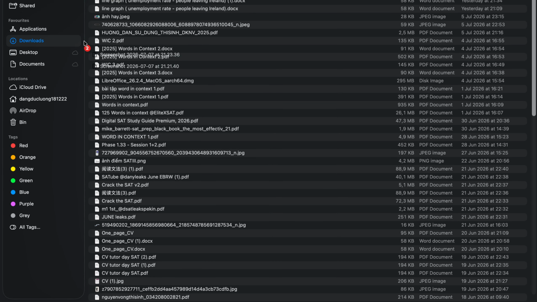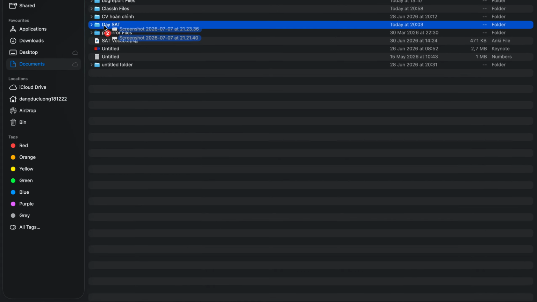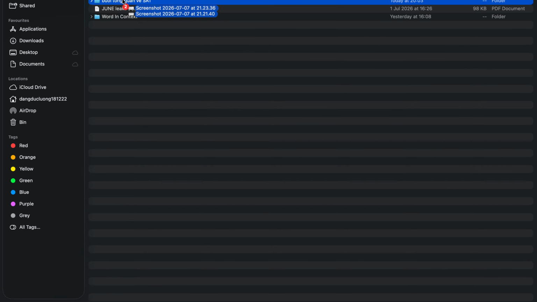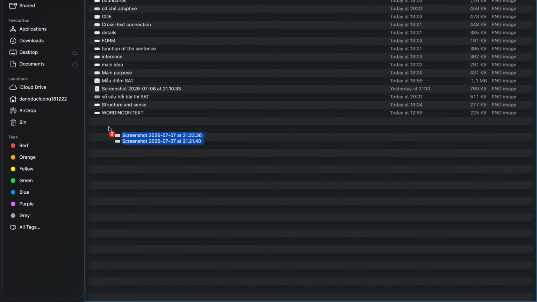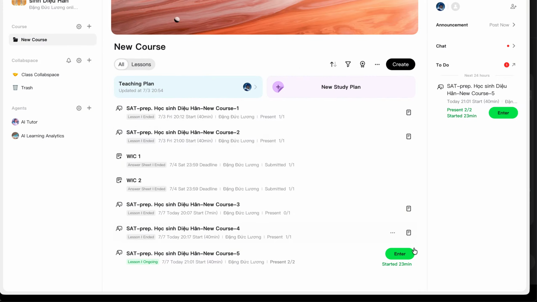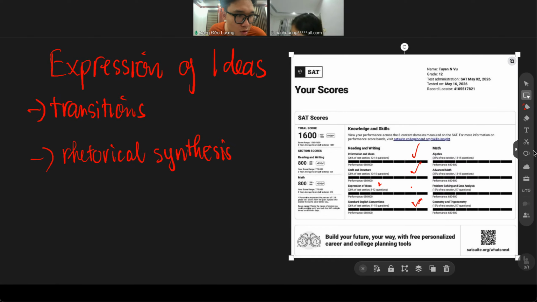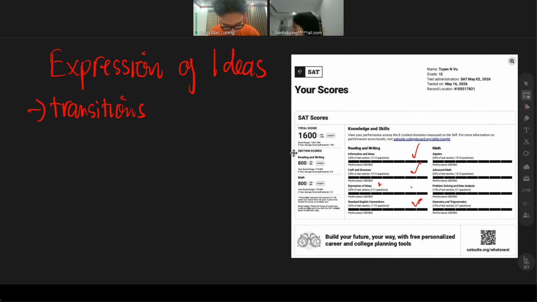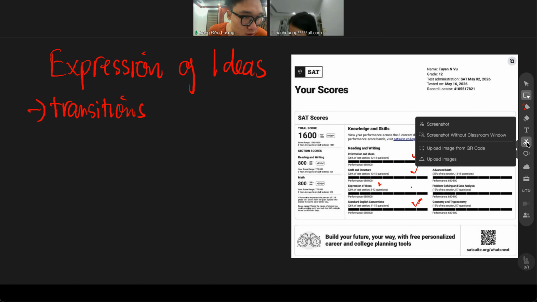Download here. No. Documents. Okay. So here, I'm just going to go back to the transition first. I already found the example.